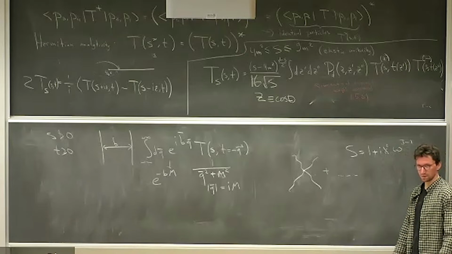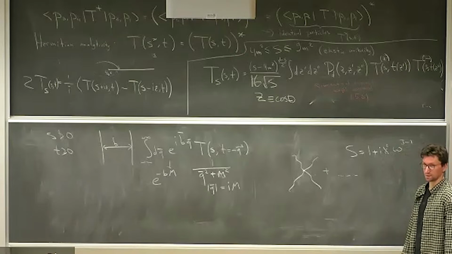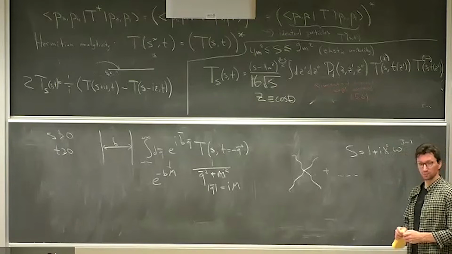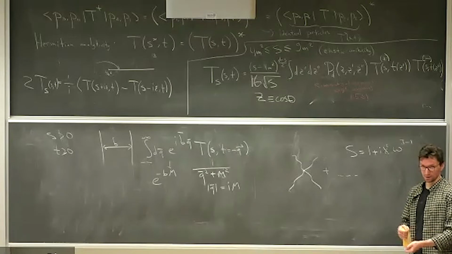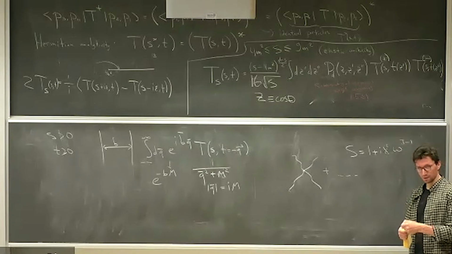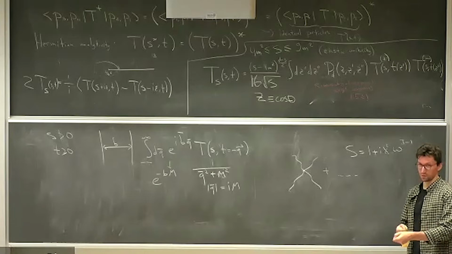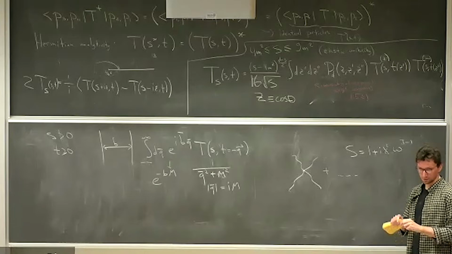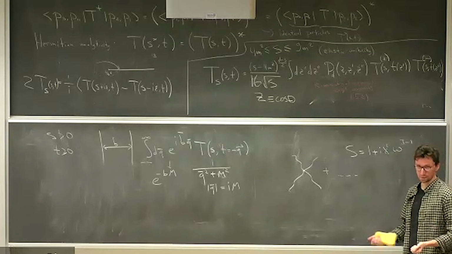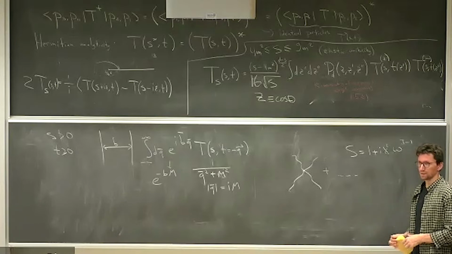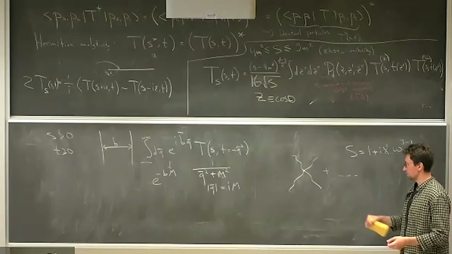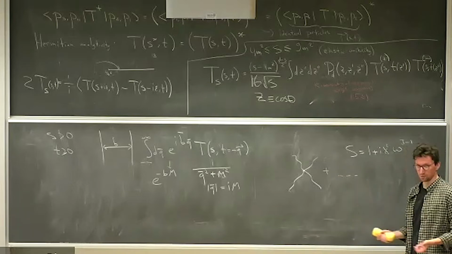So the usual lore, I guess, is that if you want, let's say you want to make a vector particle massive, then you add Higgs. Let's say you want to add higher spin particles, then you have to add string. So string is a kind of a Higgs for higher spin. It's a mechanism to have higher spin particles, because having a string, and by string I don't mean a fundamental string, could be QCD string.